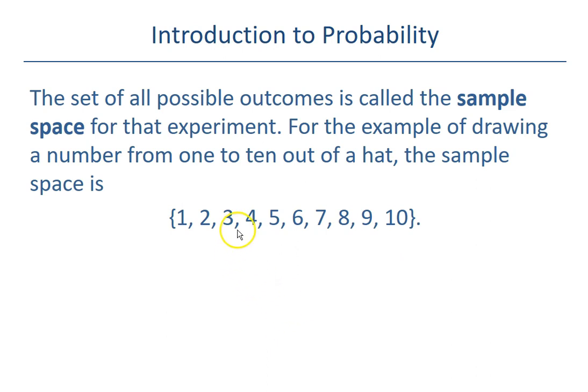This makes up what is called the sample space for that experiment. So these little tickets, 1 to 10, are in a hat. You're going to randomly select one of those from the hat, and what's the probability that you're going to get a particular number?